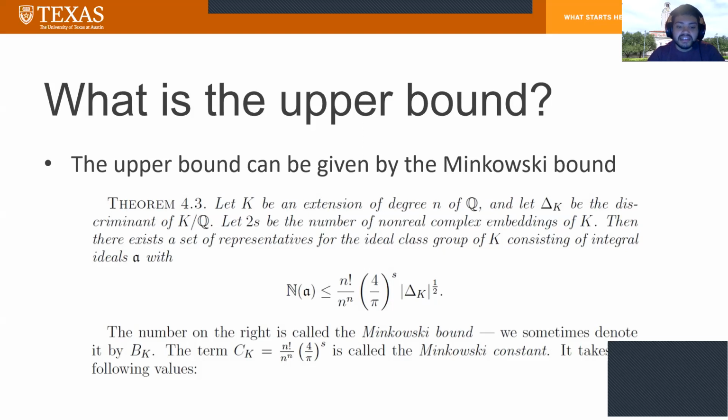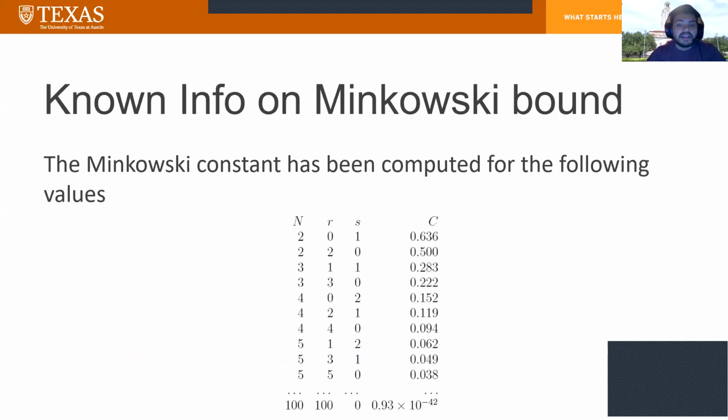The term c k is equal to the Minkowski bound without the square root of the absolute value of the discriminant of k. This is called the Minkowski constant. Now, there is known info about this constant, and this chart tells us what has been computed for the Minkowski constant, where n is the degree of the polynomial, r is the real embeddings, and s is the complex embeddings.